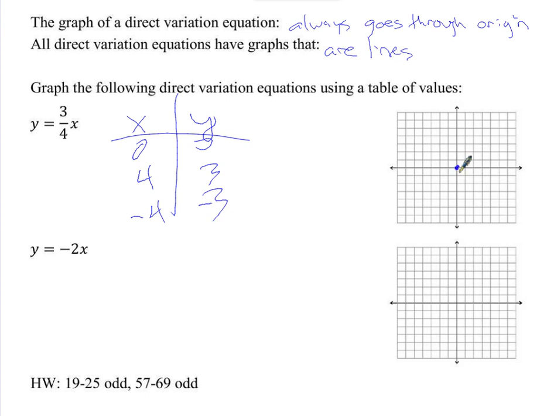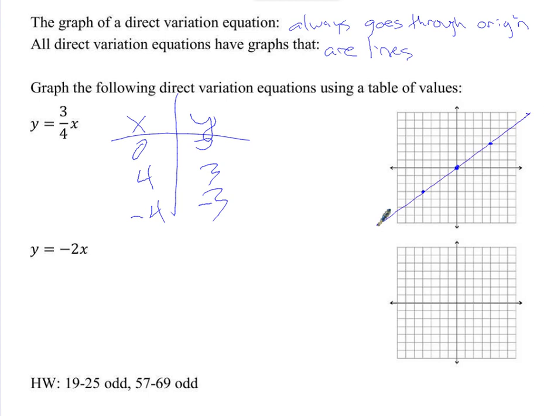We have 0, 0. How do I get that? I plug in 4. I have 3 times 4 divided by 4. I have 4, 3. So 4, comma, 3 is right there. And then I have -4, so to the left 4 first, and then down to -3. Does that look like it's probably a line? Yep, so then we're going to draw in what kind of line? Straight.